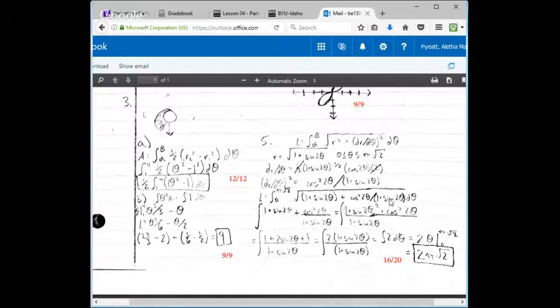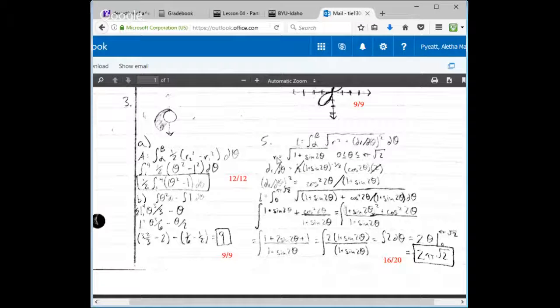Okay, so 1 plus r is sine 2 theta, and then it's r squared. I think I did the integral right actually.